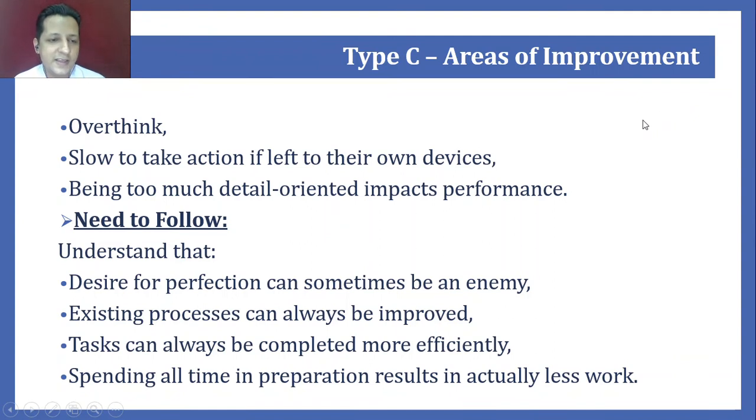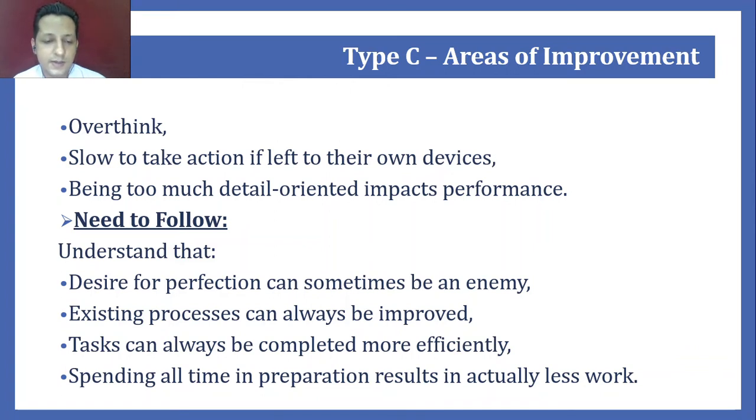So if you feel that you are having some of the qualities of such types of people, type C, then you need to understand that desire for perfection is good, but it can sometimes be an enemy for you and the workplace. You also need to remember that existing processes can always be improved. It's good that you are trying to bring an approach of professionalism, be professional and make everything perfect.